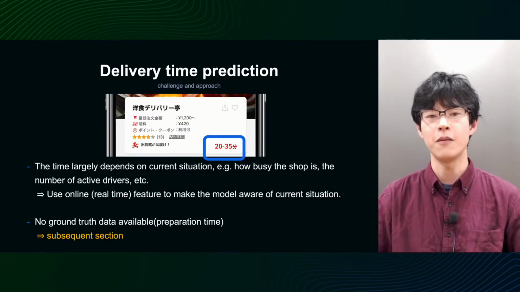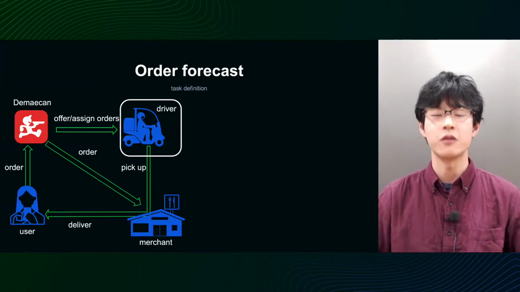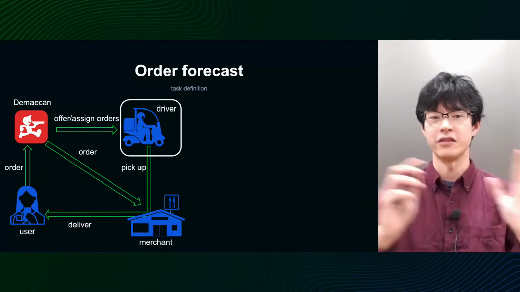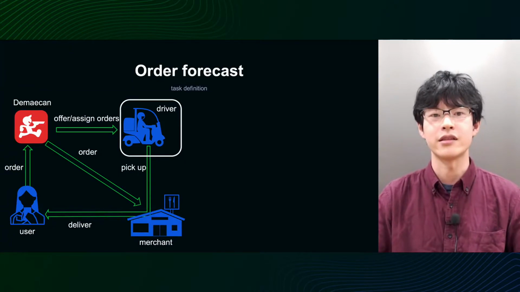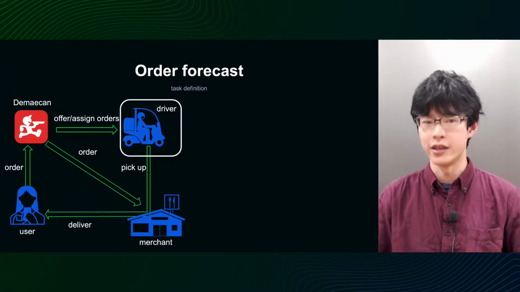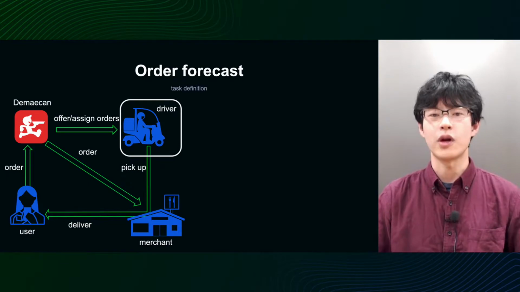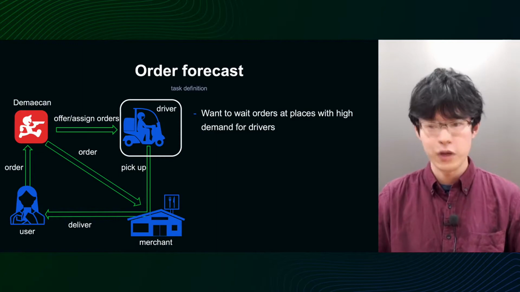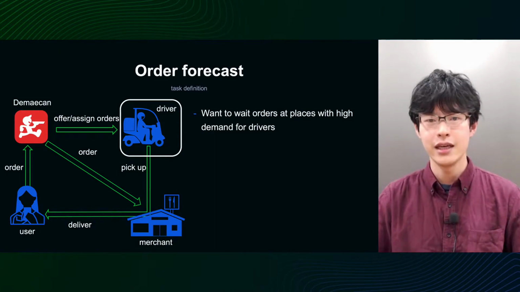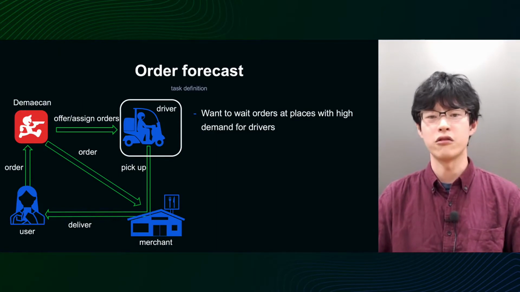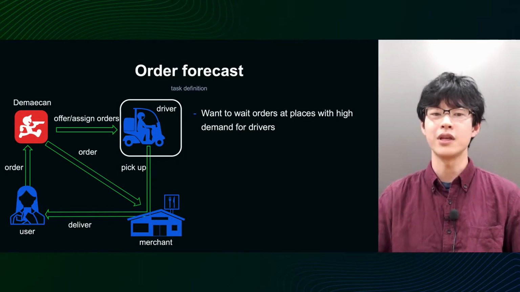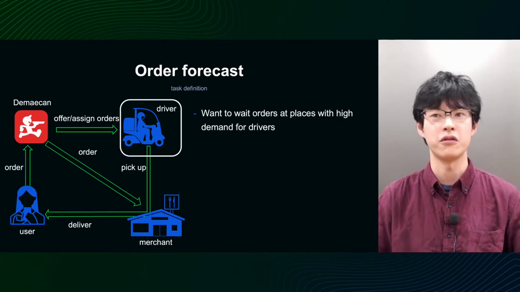Let me now switch gears and talk about machine learning components from the driver's perspective instead of the user's. The driver has to be waiting somewhere to receive offers for pickup and delivery. And of course, she would want to be waiting in an area with many popular eateries likely to receive orders, so that she can minimize the time to get to the merchant and the entire delivery lead time as well.